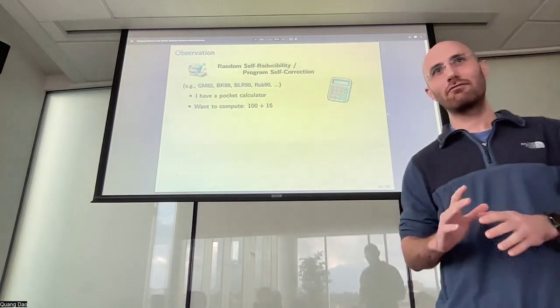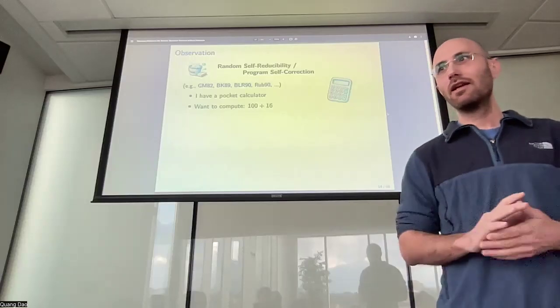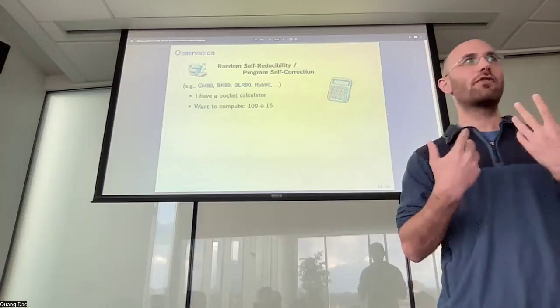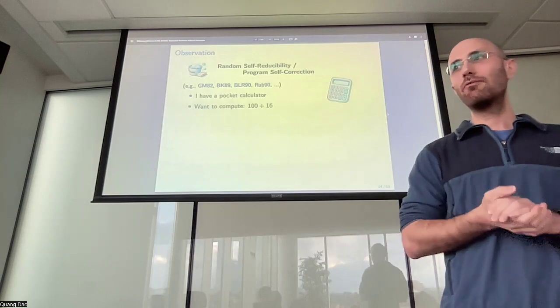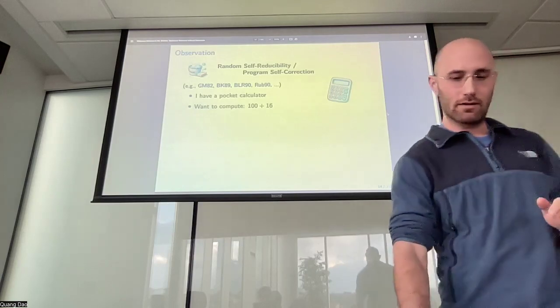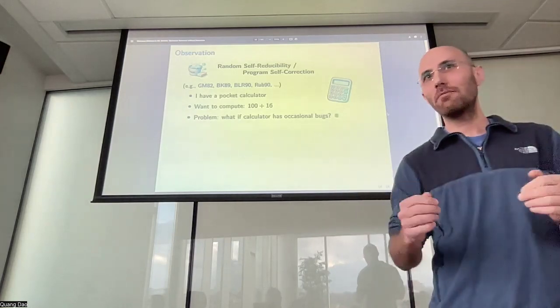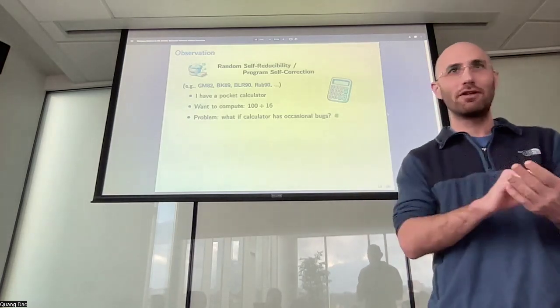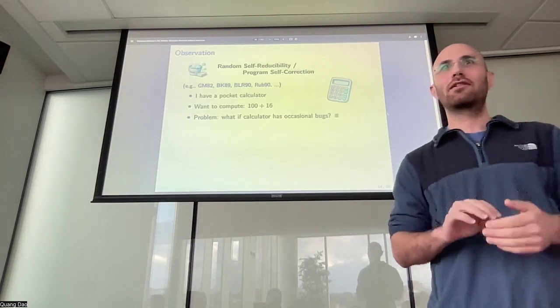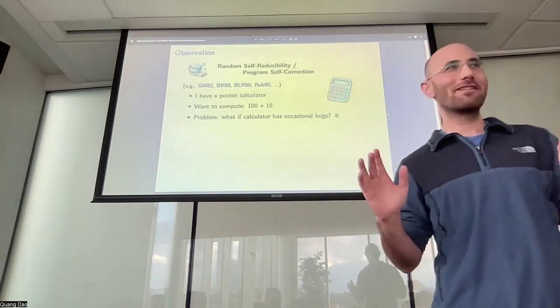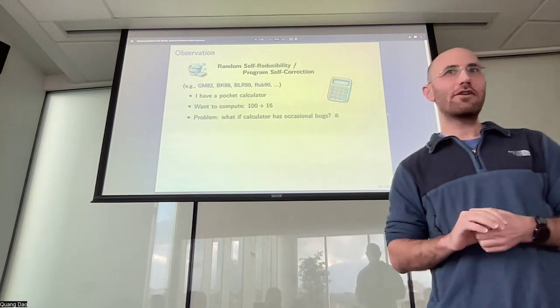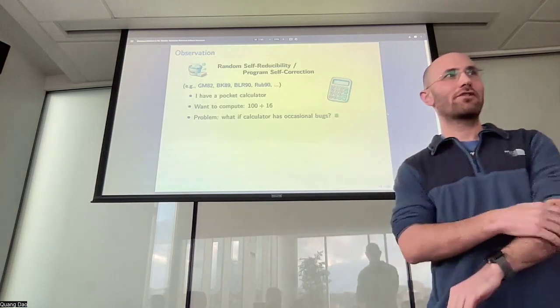I really have to get this right. I cannot screw up, okay? And because I'm a very paranoid person, I'm worried that maybe there's a bug in my calculator. I've used it a million times, it was always fine, but there's still a chance that, specifically when you write 100 plus 16 in this calculator, for some reason it doesn't work. And actually this isn't so entirely far-fetched.